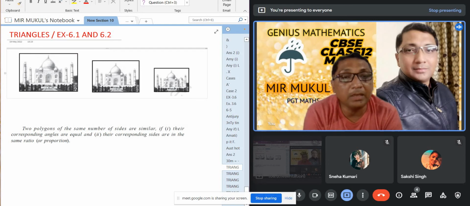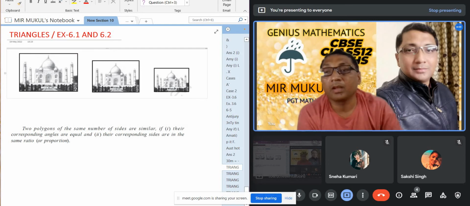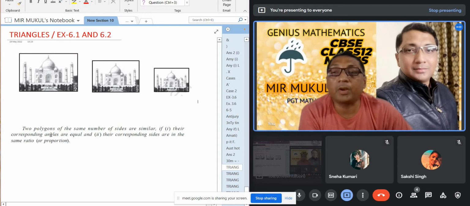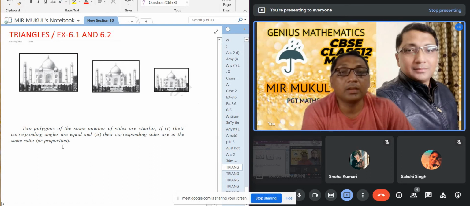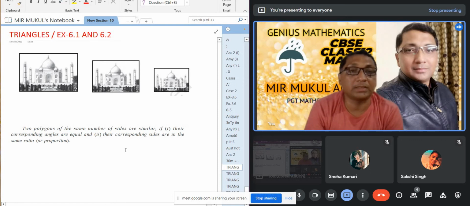Now, what is the meaning of similar, that we'll understand. Two polygons with the same number of sides are similar if their corresponding angles are equal and their corresponding sides are in the same ratio, that means in proportion.